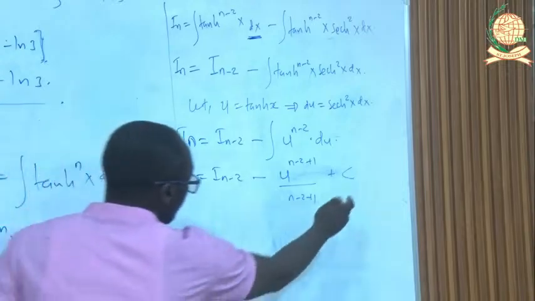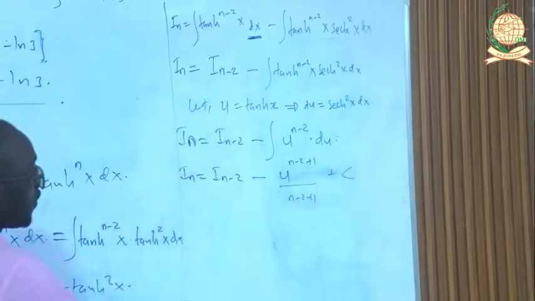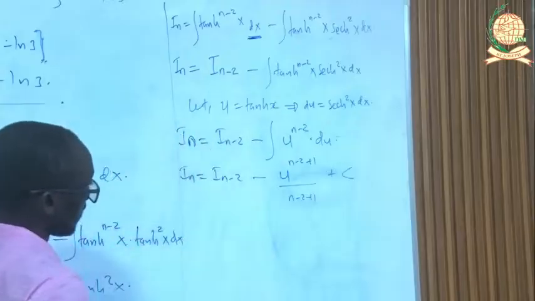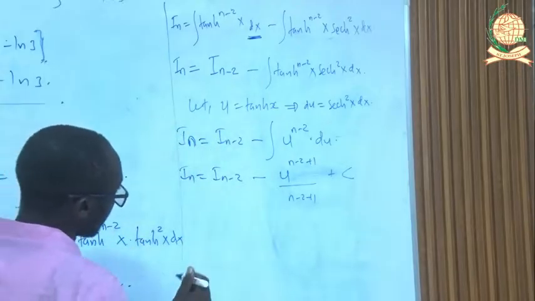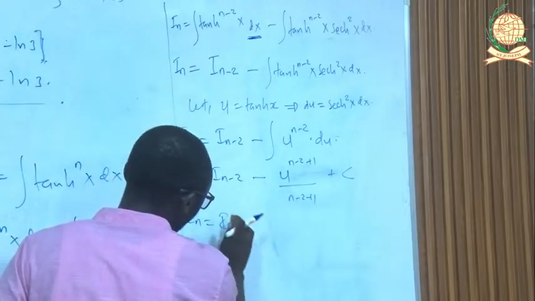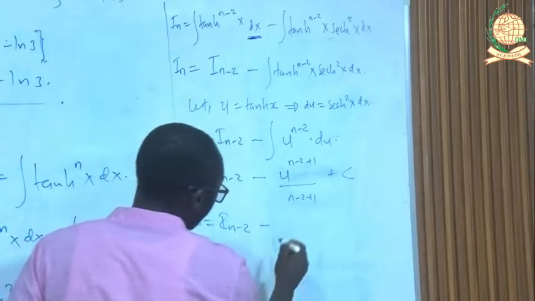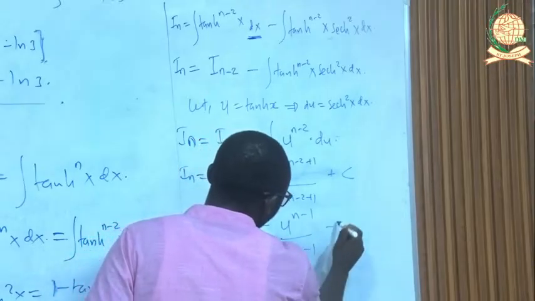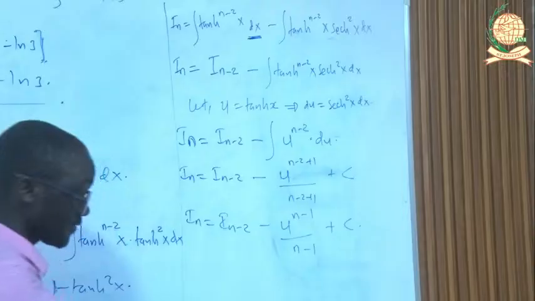So you have to add this arbitrary constant, because after differentiating it, it's going to be 0. That's why we didn't have it at the start. So I_n is going to be I_{n-2} minus u to the power n minus 1 over n minus 1 plus the arbitrary constant.